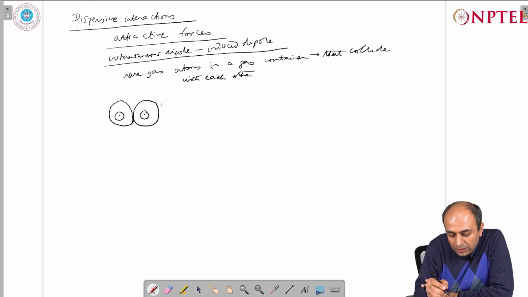At this particular point, the nucleus electron attraction and electron repulsions are present.